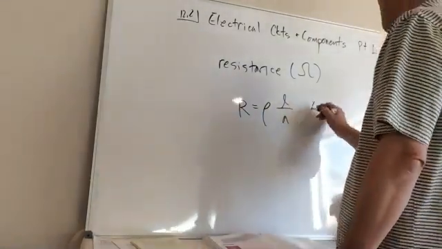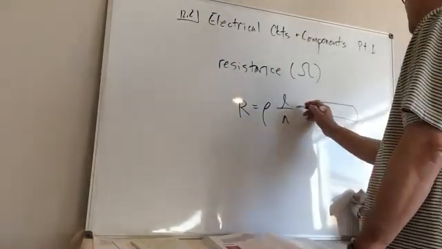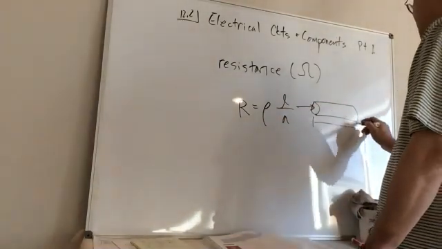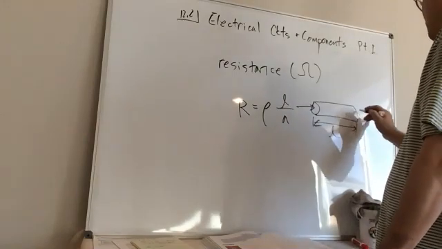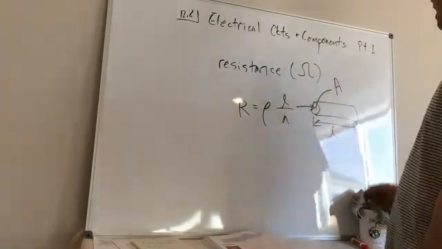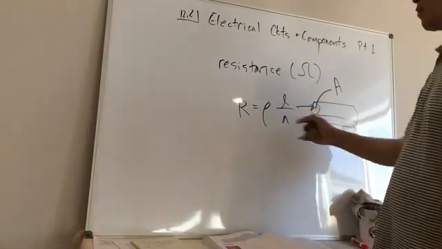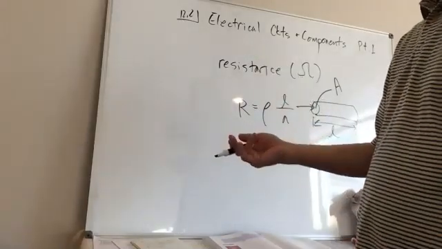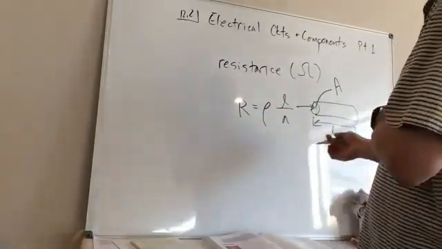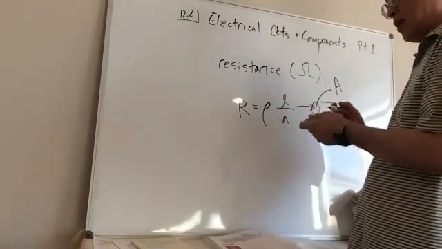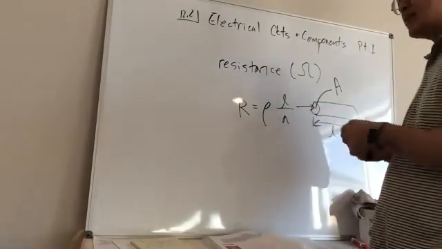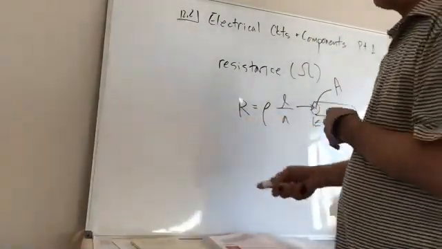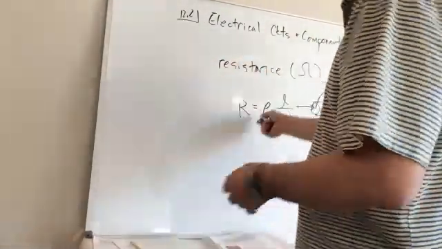So in other words, if I have current flowing through here, and this is L, and the cross-sectional area here is A, and the resistivity is really nothing more than a unique characteristic of the material itself, right? So if you have something that resists it a lot, the resistivity will be high. And if it's low, this would be low, okay?